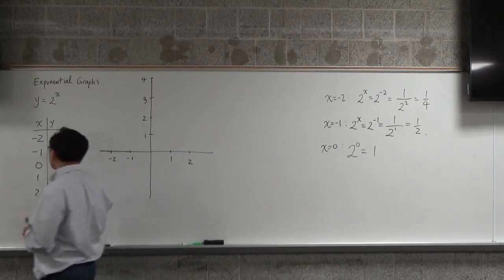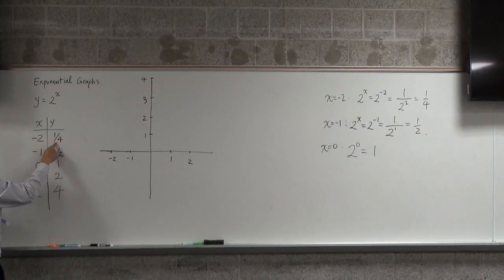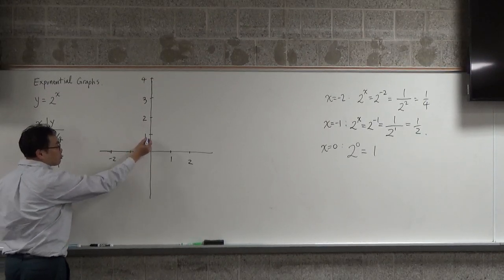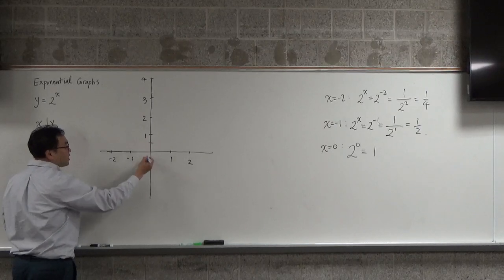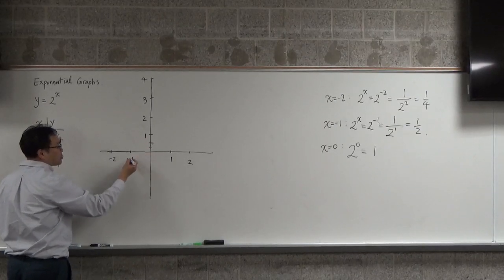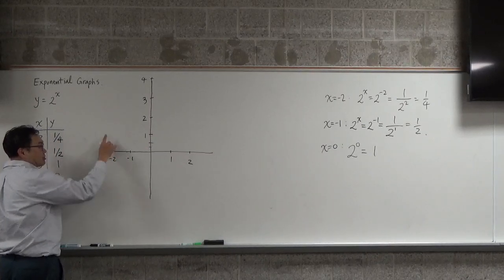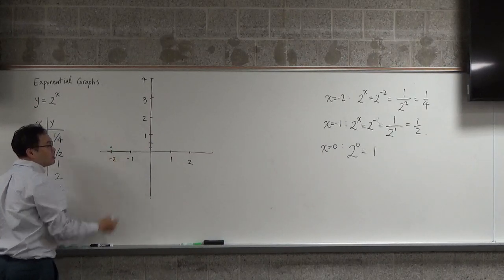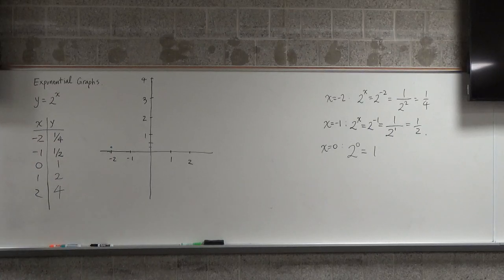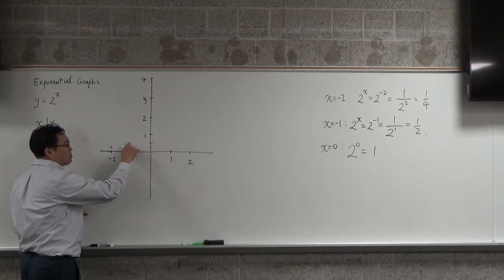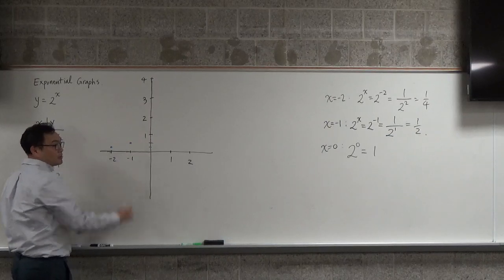Let's start with (-2, 1/4). Here's -2 on the x-axis, and then 1/4 would be, this will be half. Half of half will be 1/4, right? So I need to plot somewhere this 1/4 and -2 meet, so the point that the graph passes must be this point. Next point is (-1, 1/2). Where is that at? Here's -1, here's 1/2. They meet right here. Agreed?